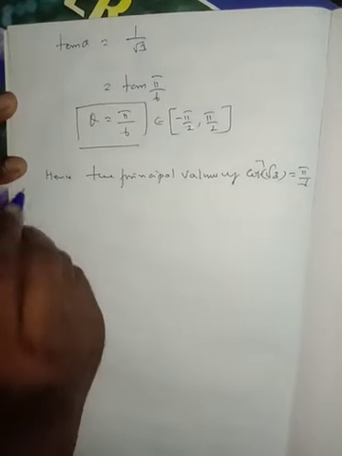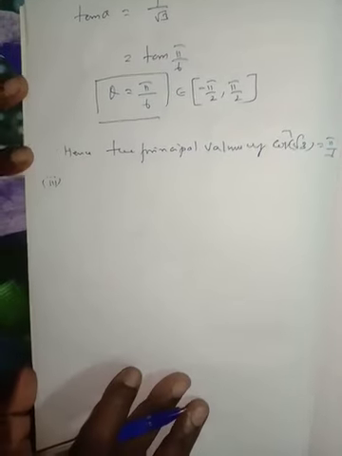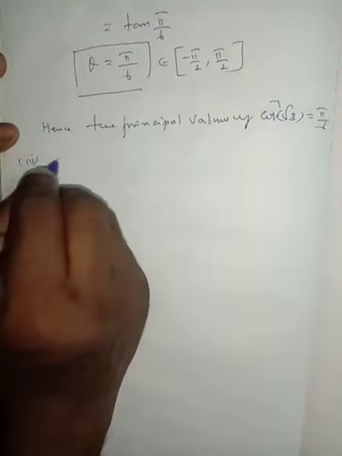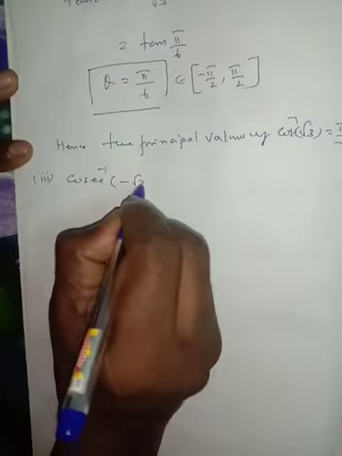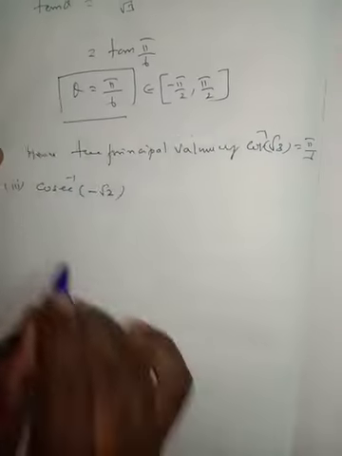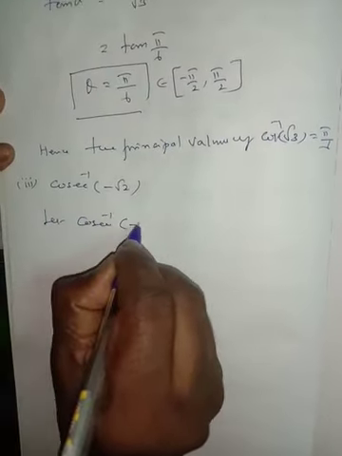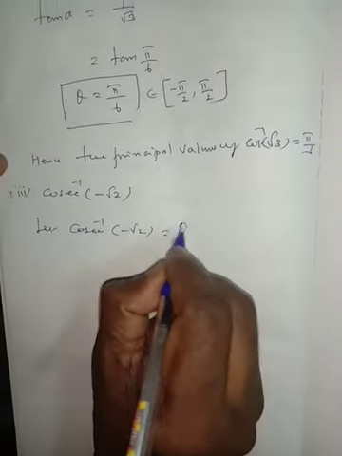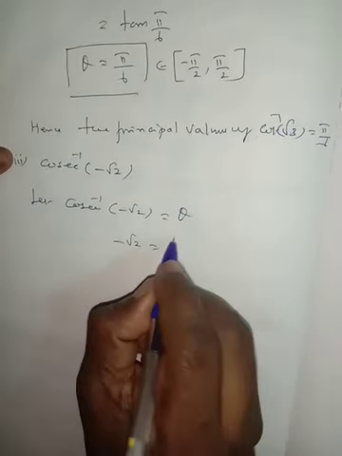Subdivision number 3, cosecant inverse of minus root 2. Let cosecant inverse of minus root 2 be equal to theta. Minus root 2 is equal to cosecant theta.